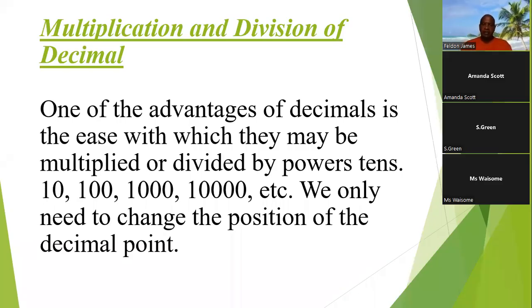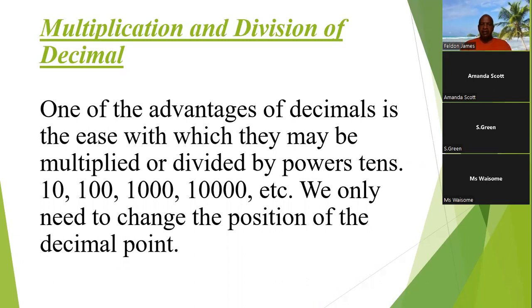All right, so as I was saying, guys, one of the advantages of decimals is the ease with which they are multiplied or divided by powers of 10. Now, powers of 10, we know that we can just simply think of them in terms of each zero you add, that gives you another power.